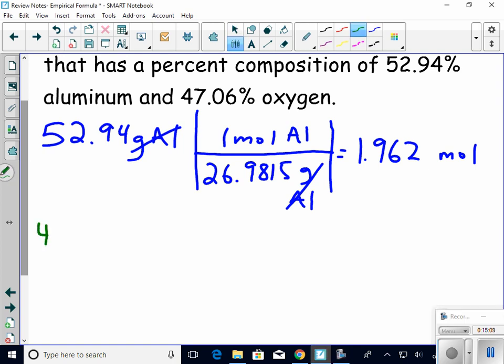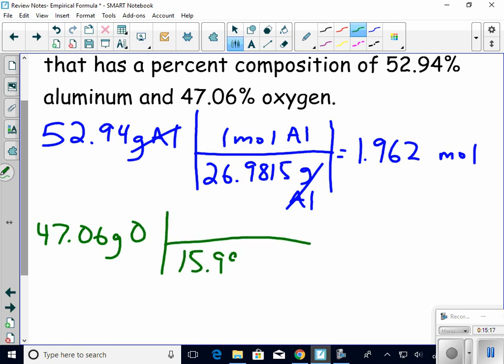So 47.06 grams of oxygen. If I flux capacitor that, 15.9994 grams of oxygen is 1 mole of oxygen. My grams cancel. I'm going to get moles.